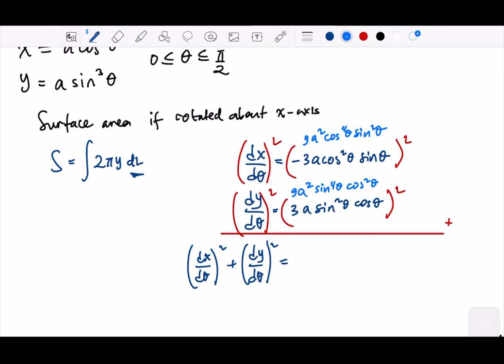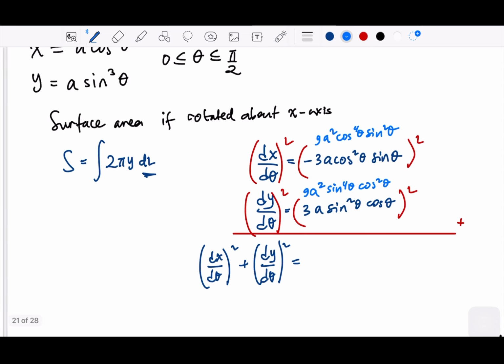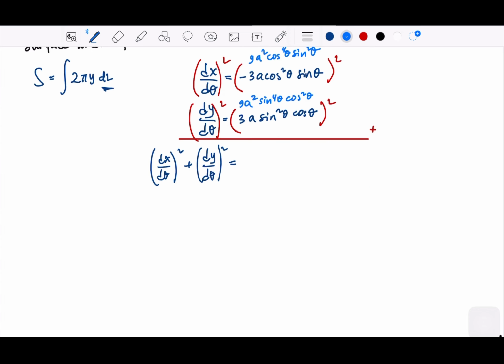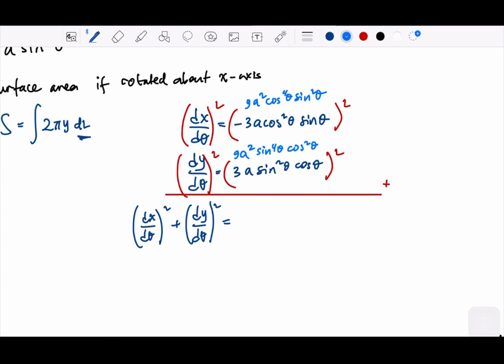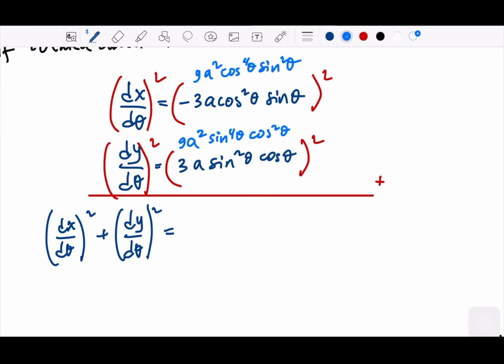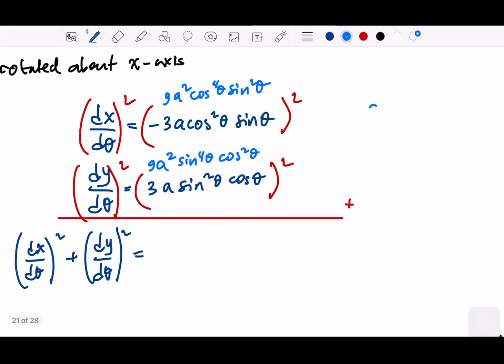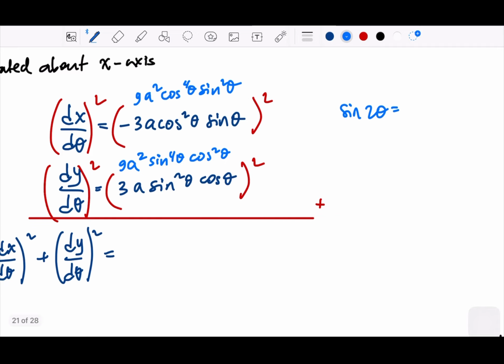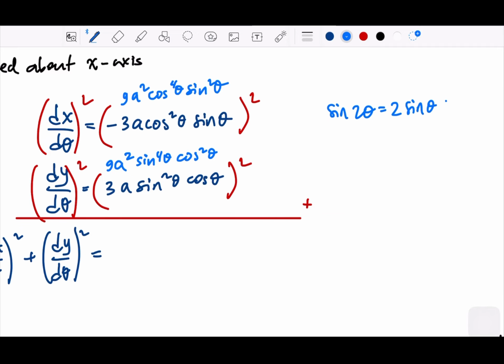Okay, and then what will we do now? Now to solve this, we need a simplification using a trigonometric identity, especially sine 2 theta is equal to 2 sine theta cosine theta.